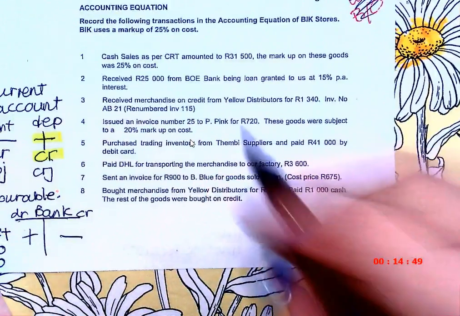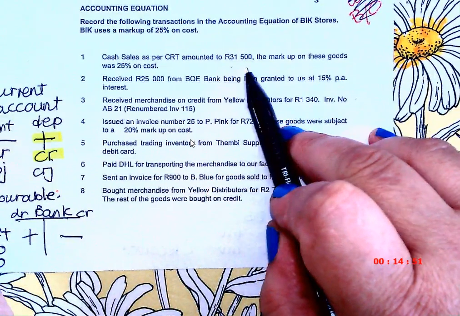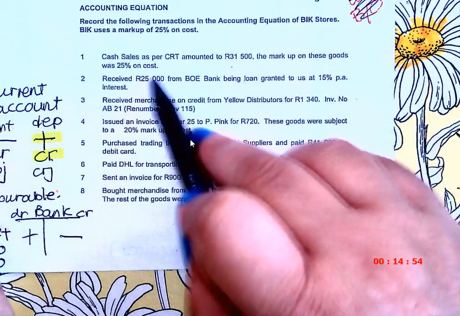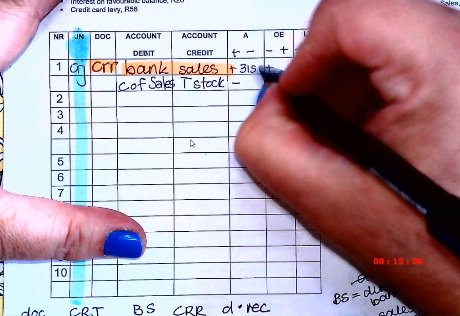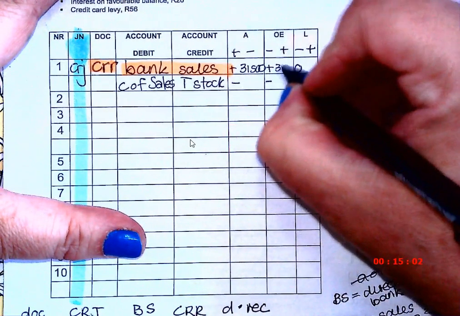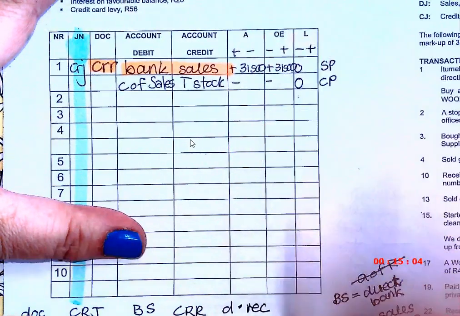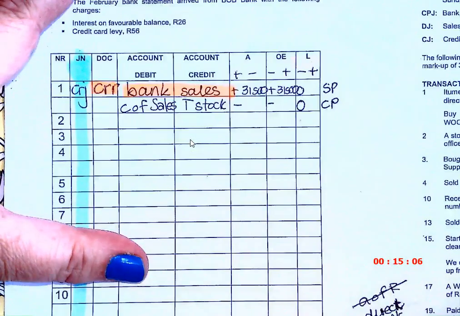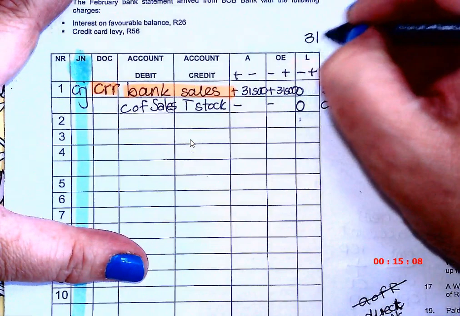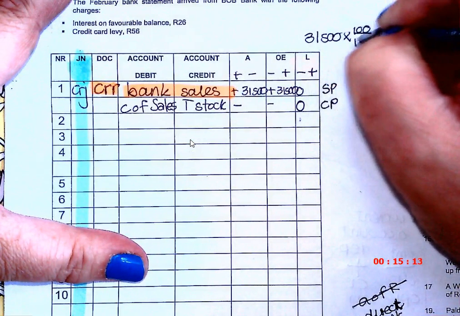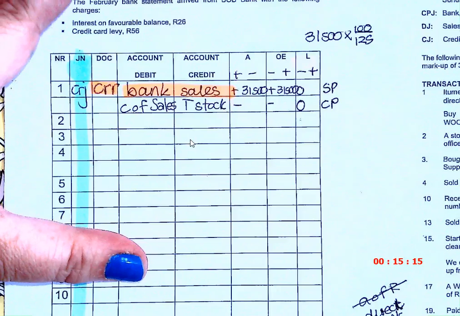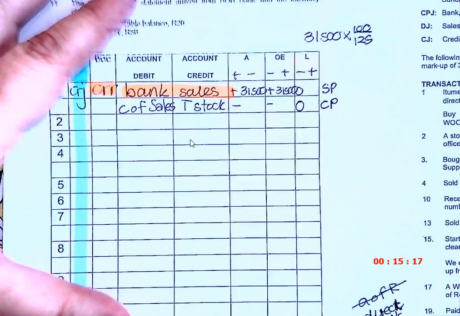They tell me it's 31,500 sales and the markup is 25. So it's 31,500 sales. And now I need to calculate the cost. So the cost is 31,500 times 100 over 100 plus the markup. And that gives me 25200.